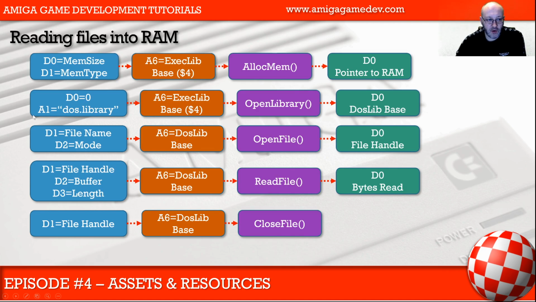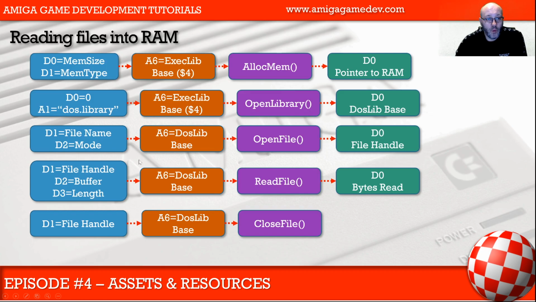Set D0 to 0, A1 points to dos.library, put the exec base in A6, call OpenLibrary. Sorry, I do apologize, this is the open file. So when you call OpenLibrary, you'll get the DOS library base in D0.